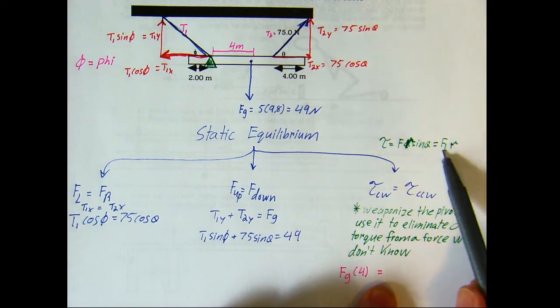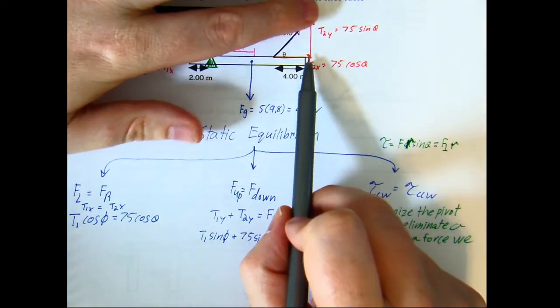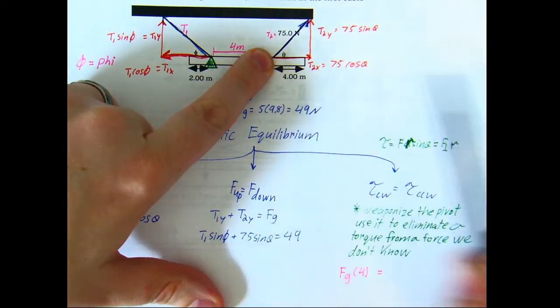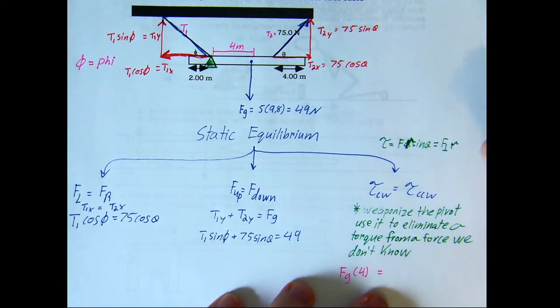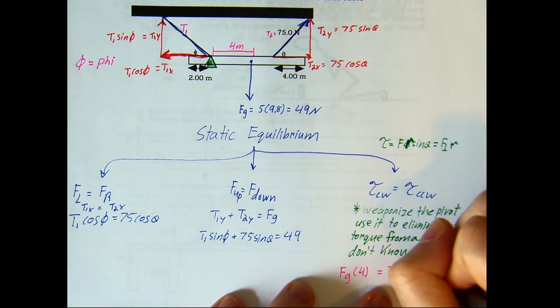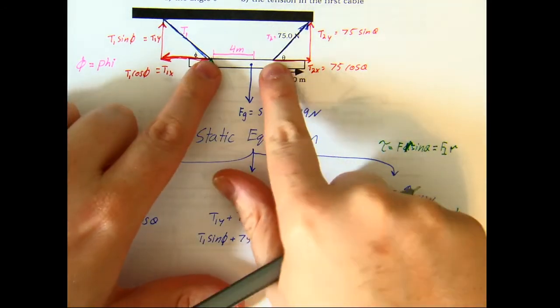The perpendicular one is 75 sine theta, and we have to remember that just because I've drawn my component over here, it's acting at that location right there. So F perpendicular is 75 sine theta, and then the distance from the pivot to where this force is acting.